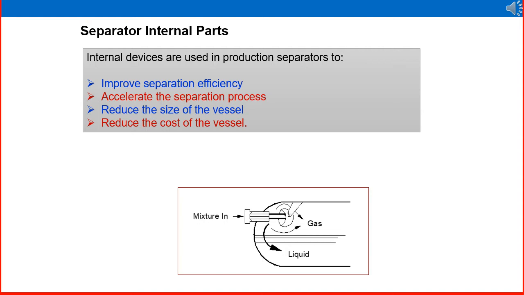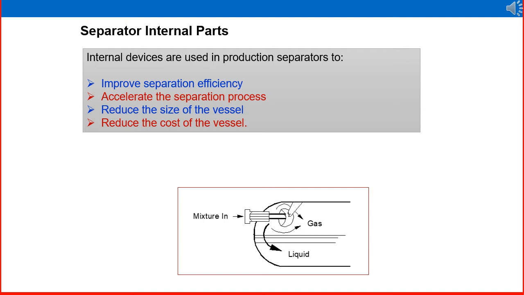Thermal helpers are there, like thick crude oil being heated before entering the separator to reduce the viscosity and improve the separation process. And sometimes chemical helpers are there. What are chemical helpers? De-emulsifiers. Sometimes there are thick emulsions in different types of crude oil, so de-emulsifying agents are used to break the emulsion.